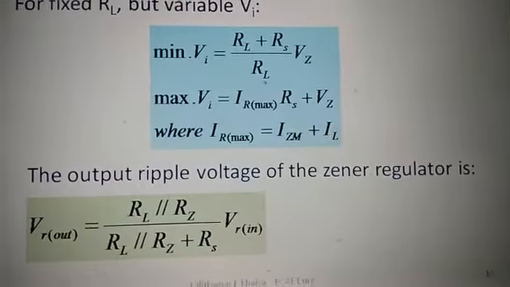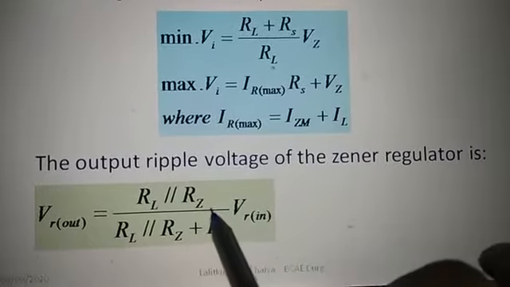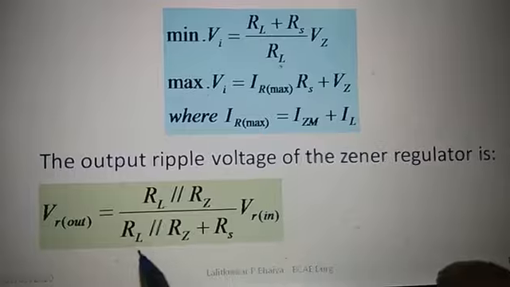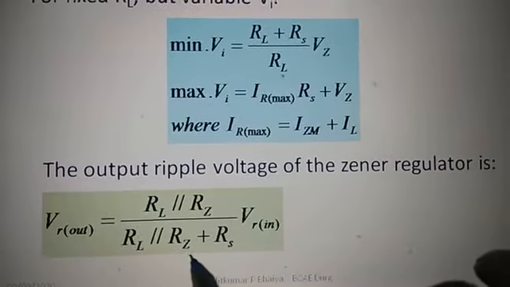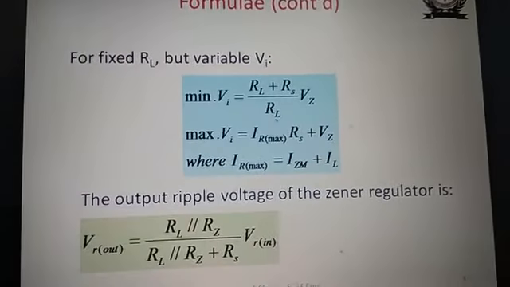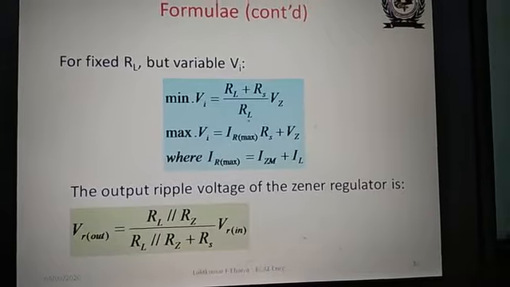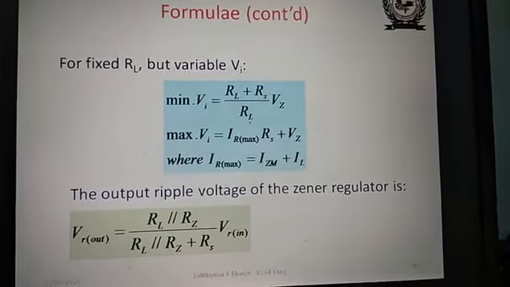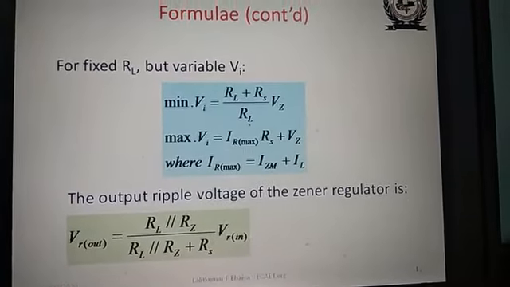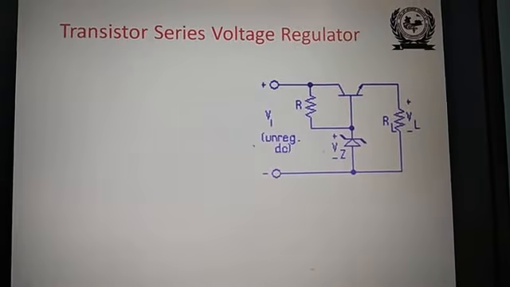V ripple output is given by load resistance RL parallel to Zener resistance, which is given in the datasheet, upon RL parallel to Zener resistance plus source resistance, into the ripple in the input. Sometimes you need to calculate the ripple voltage at the output. If some ripples exist, then you have to consider the input ripple also. So this is about the ripple formula and formulas of the Zener diode.